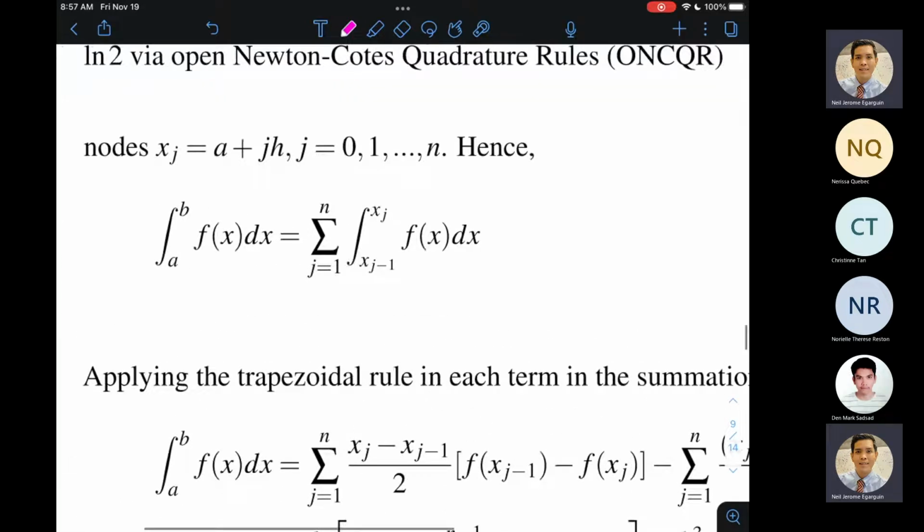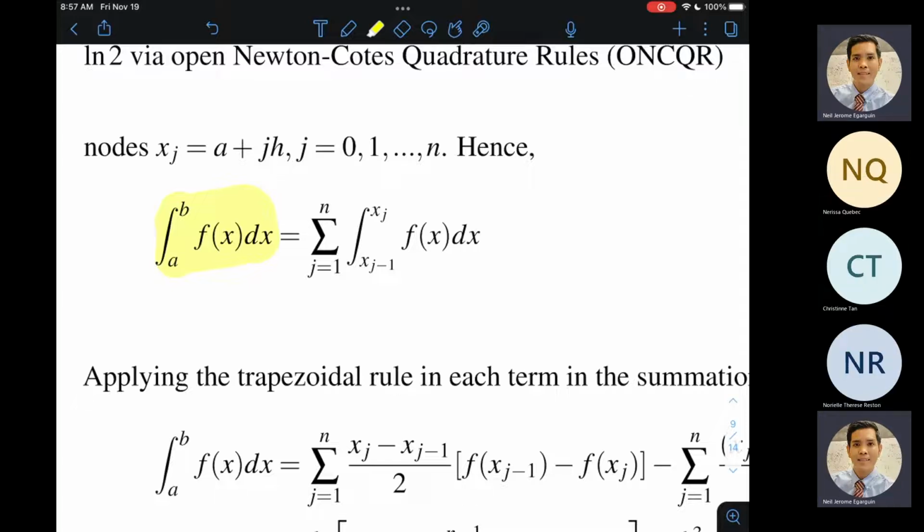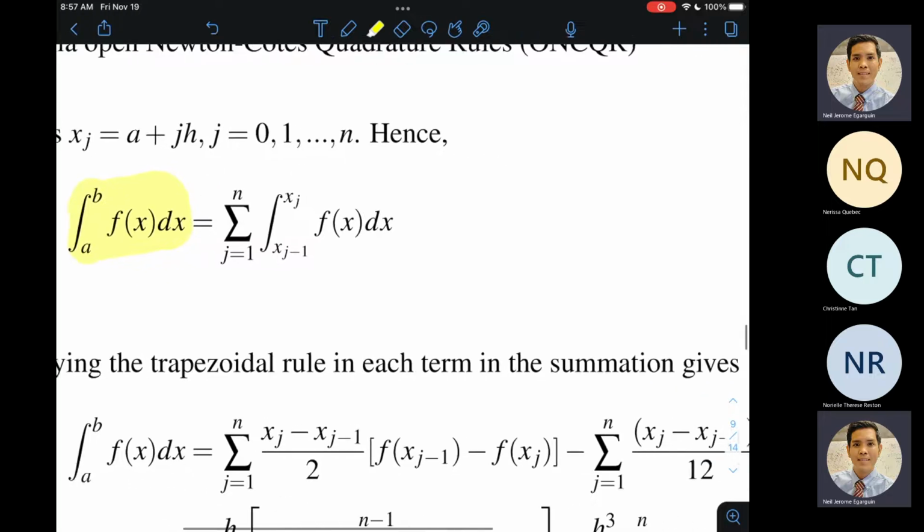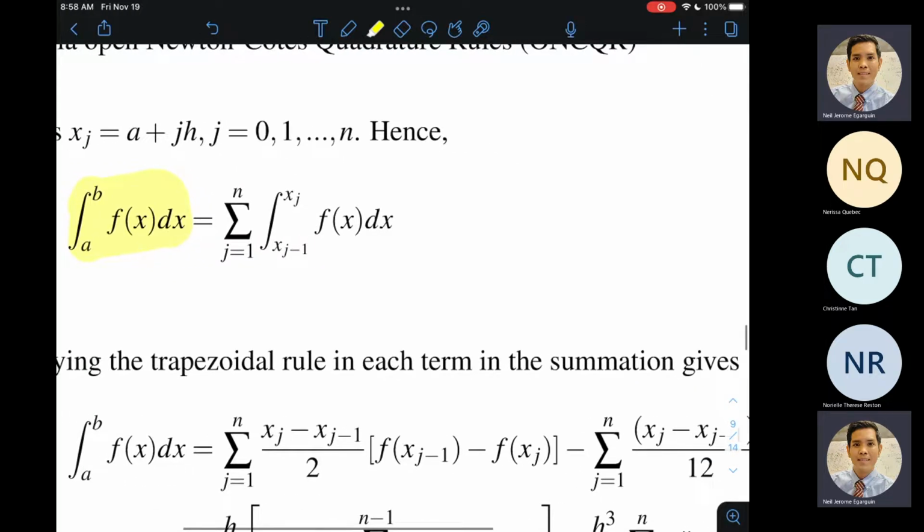Now, in any composite rule, ito yung idea. So yung integral from A to B ni f of x ay kukompute natin as the sum of subintegrals. So hatiin ko lang si AB into intervals. So A, B, again, this will be x0, x1, x2, and so on.